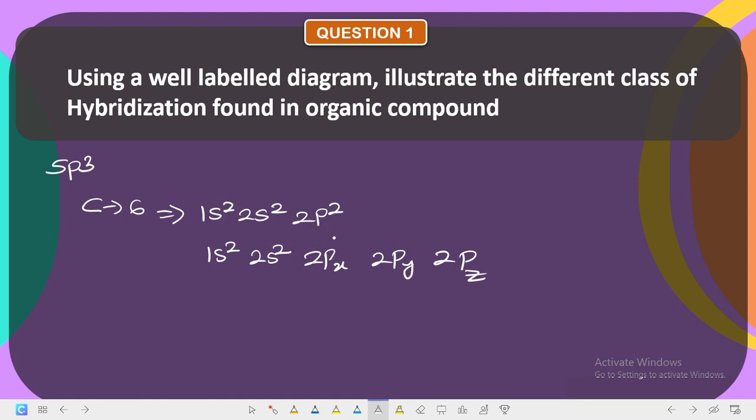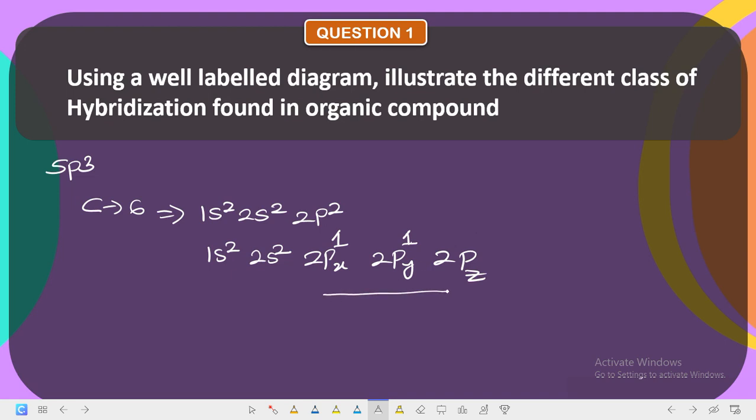Now, these 2 electrons, we are going to fill 1 each into these orbitals. So this will be 1, and this will be another 1. Now, it means that one of the p orbitals is empty. Is that not so?